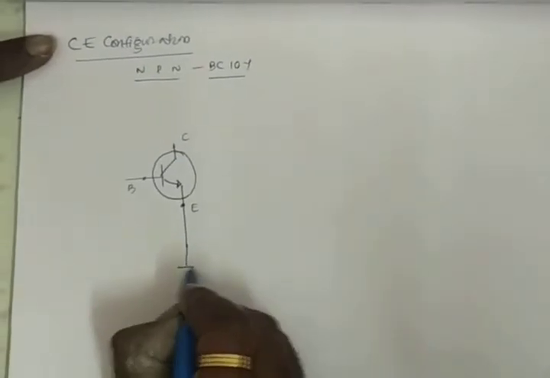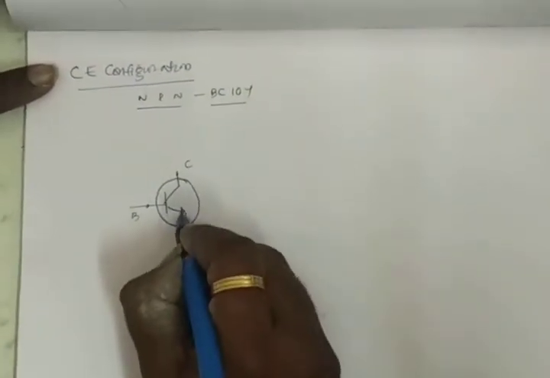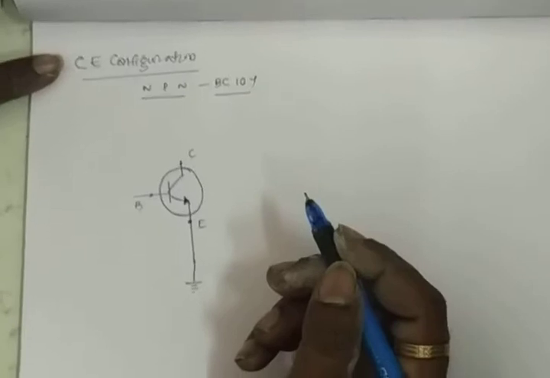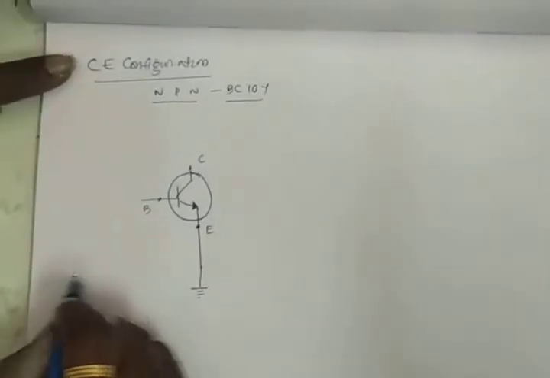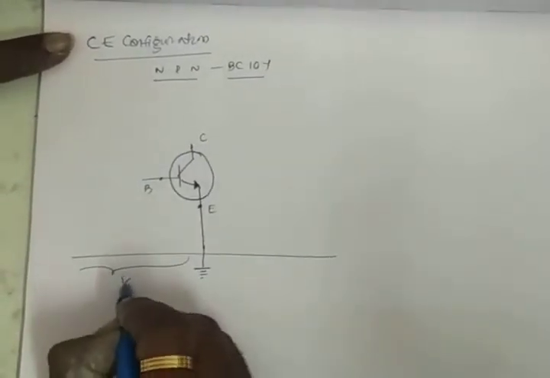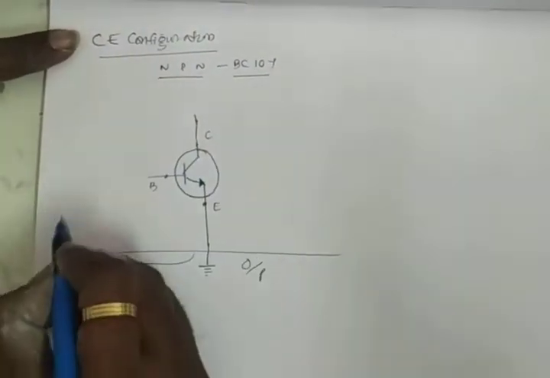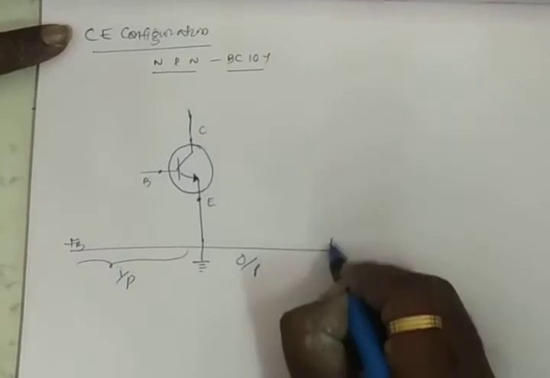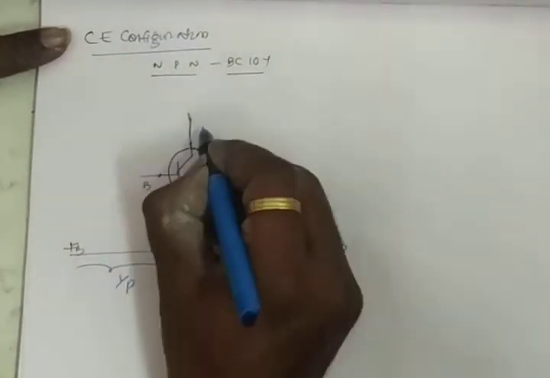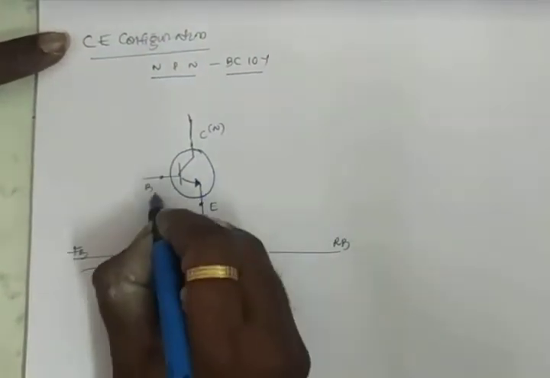Right, the emitter has to be grounded. So here this is divided into 2 circuits, input and output. Input must be connected in forward bias, output must be connected in reverse bias. This is which type of transistor? NPN transistor.